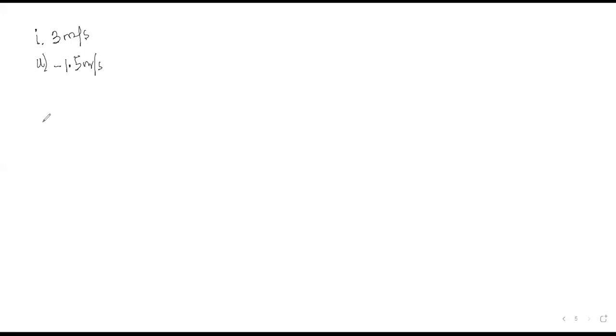Then the acceleration A during the last 6 seconds. The acceleration during the last 6 seconds. Yes. Gideon, what's your answer? So the acceleration is negative 0.75 meters per second squared.